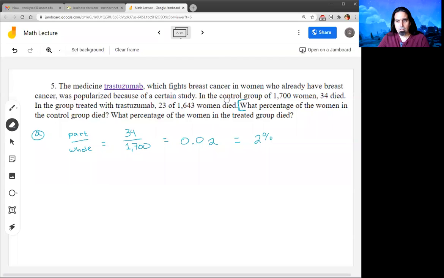Actually, why don't I highlight that instead? And then part two, how about if you were in the treated group?